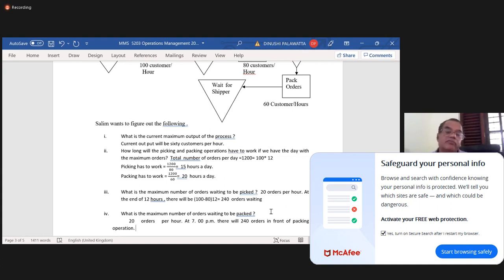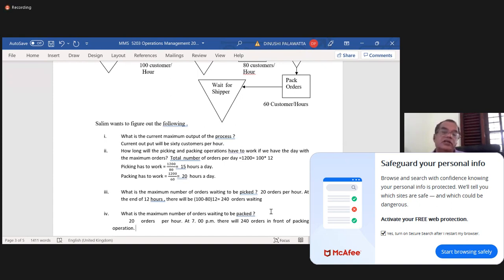And actually, there is another 240 in front of the picking operation.